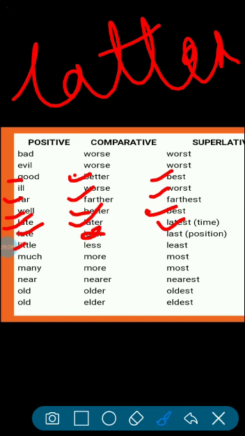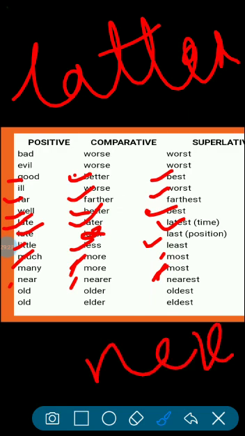Another word is little. Its comparative form is less, and the superlative form is least. Much, more, most, and many is the same as much, more, most. Okay? Near, nearer, nearest, and there is one more word that is considered as the superlative form of near. It is called next.